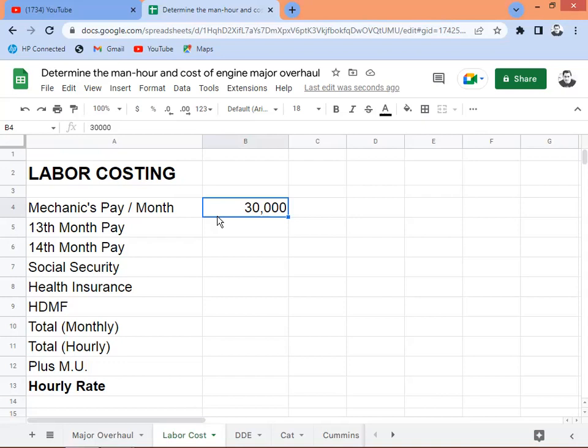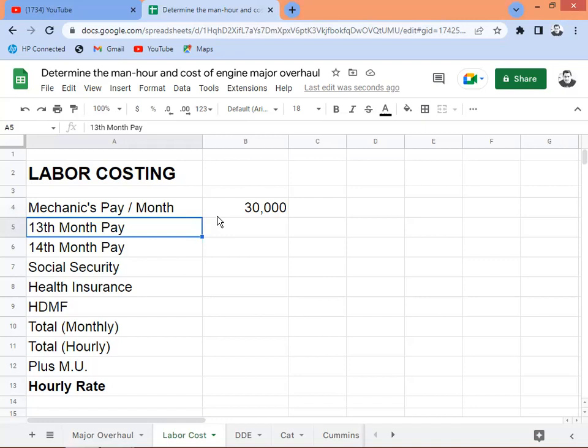I'm not sure about this, but it could be that much, because if you're a mechanic working on a V16 engine like Caterpillar, Cummins, Allis-Chalmers, or Detroit Diesel, you will ask for more salary. 18,000 is a small salary for an ordinary or automotive mechanic. No mechanics will accept that kind of salary offer from some companies. So I say 30,000.